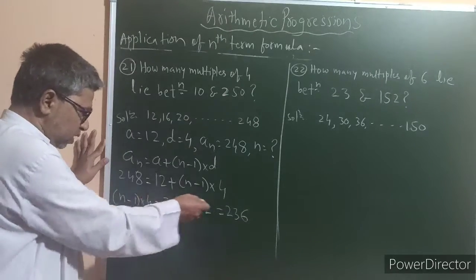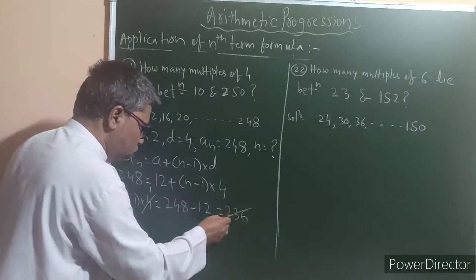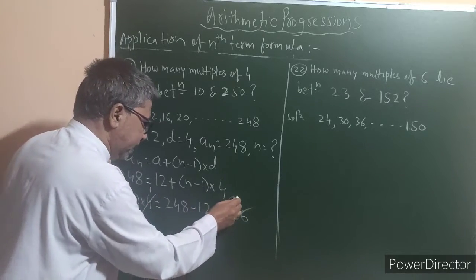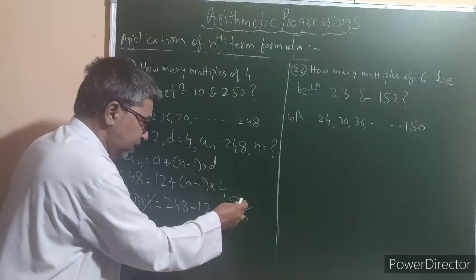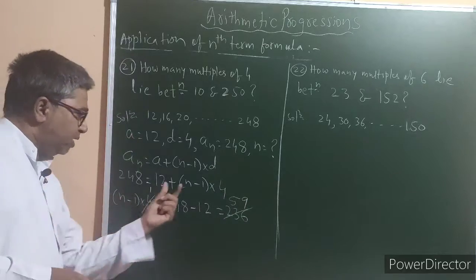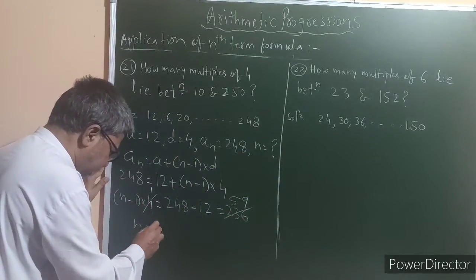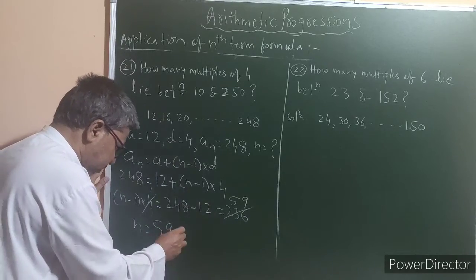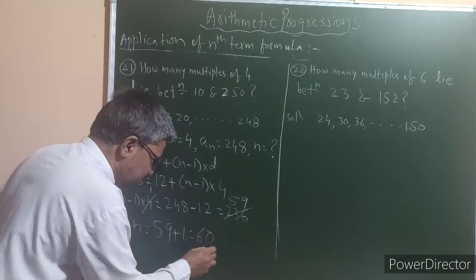Now divide 236 by 4. 4 ones are 4, 4 fives are 20, 3 remains, then the remainder will be 36. So 4 nines are 36. So n minus 1 is equal to 59. So n is equal to 59 plus 1, shifted to the RHS, and this gives us 60.